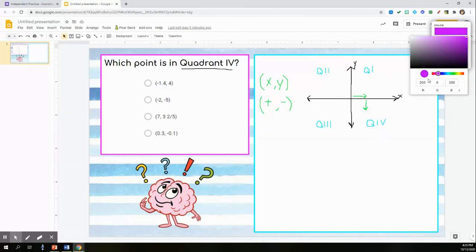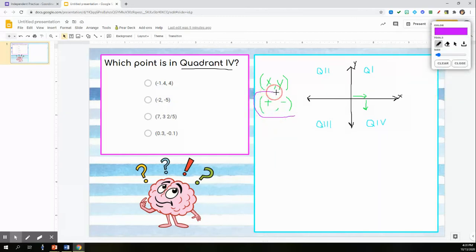So then I need to go over to my answer choices and look for an ordered pair that has a positive value in x and a negative value in y. This one has a negative value in x and a positive value in y, so that cannot be my answer choice. This one has a negative value for both x and y, but I need a positive x, so that one's not my answer choice.